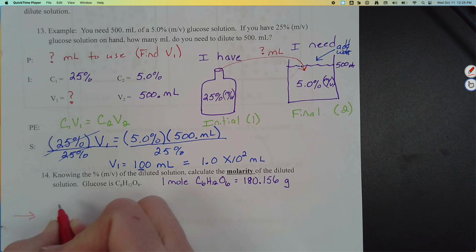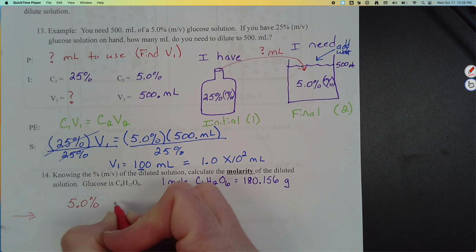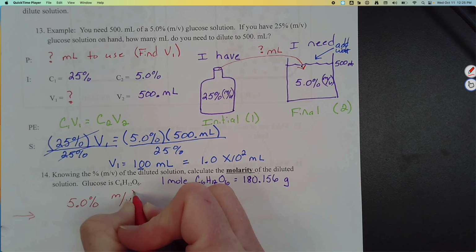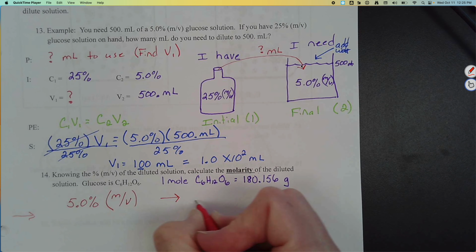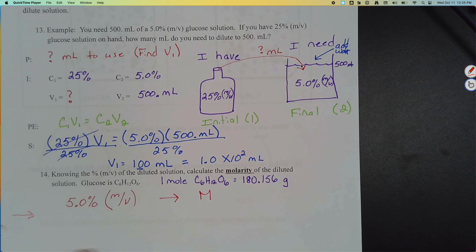So essentially what I've got to do is I've got to get from 5% mass volume to molarity. And I think the easiest way to do this is to simply do it by picture in terms of what does a 5% mass volume solution mean.